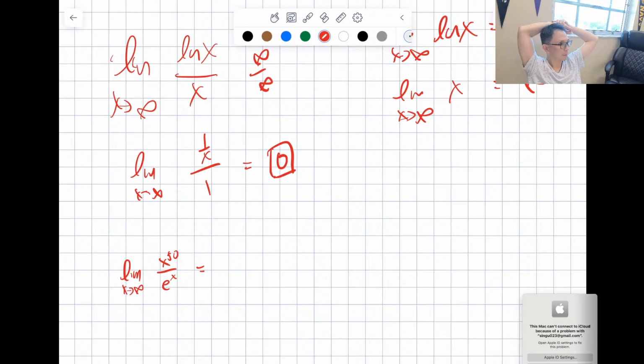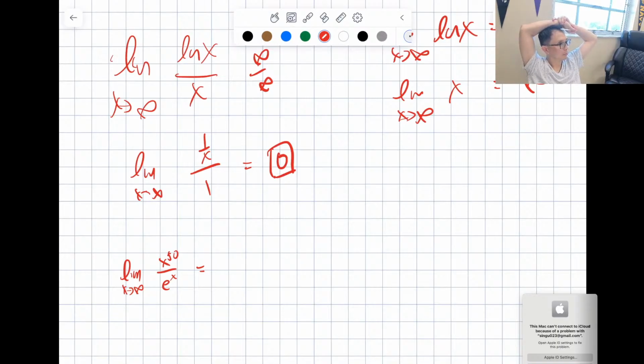so the first time we do L'Hopital's rule, we get the top is 50x to the power of 49 over e to the x. e to the x doesn't change, and so we can keep doing L'Hopital's rule since both still equal infinity over infinity. But eventually, that numerator is going to run out. e to the x, though, doesn't run out. It keeps going as e to the x forever, and so it'll always equal infinity, no matter how many times we take the derivative. The numerator, however, will eventually get to 0, right?